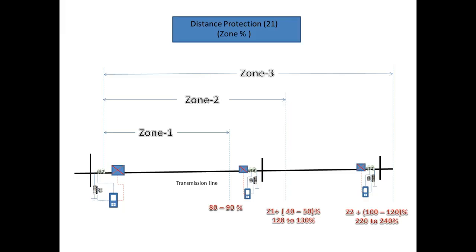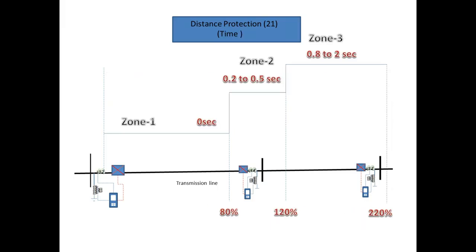We have set the zones, fine, good. But if we do not give proper tripping time, then there is no use for all our work. So we see now the zone timing. For zone 1, we know that the fault is in my line. So if the relay sees zone 1, it has to trip instantaneously.